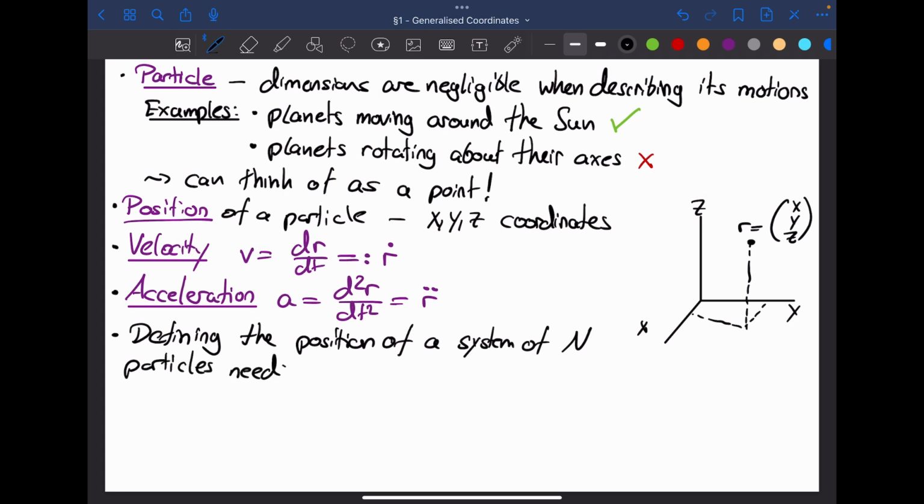That needs 3 times n coordinates. So why 3 times n? 3 because there are 3 coordinates for every particle, and there are n particles. And this number 3n is what's called the number of degrees of freedom of the system.